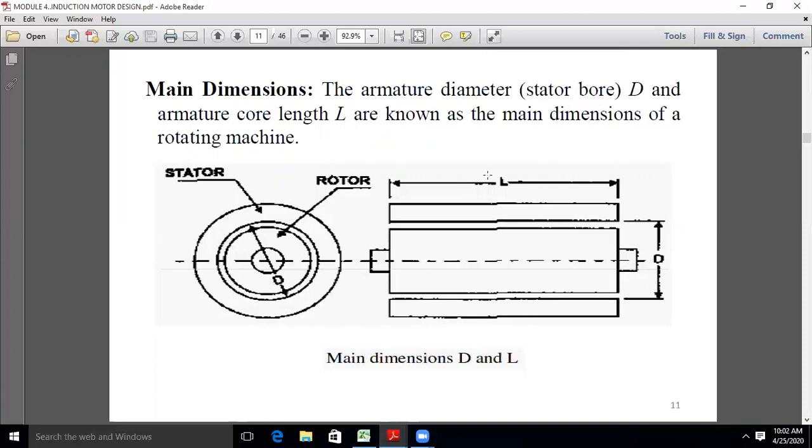So there are mainly D and L. D is the armature diameter of the stator core, whatever D we are showing here, and the second is L, that is the length of the armature core. These are the main dimensions of the induction motor.